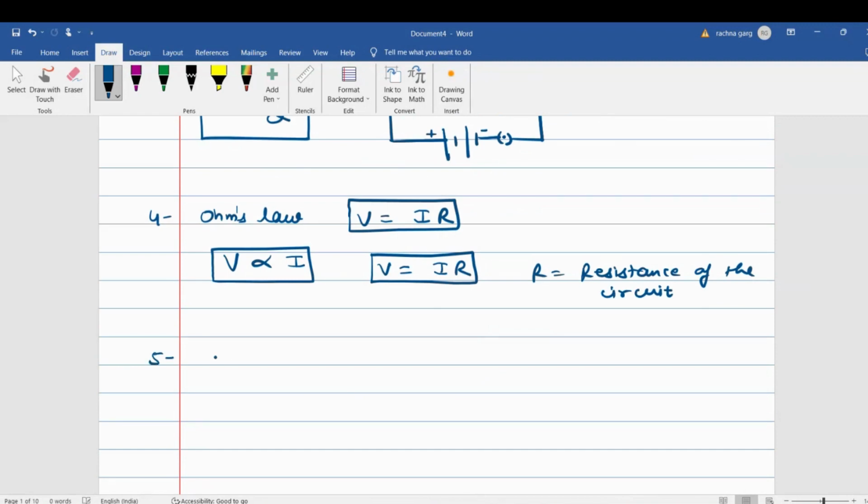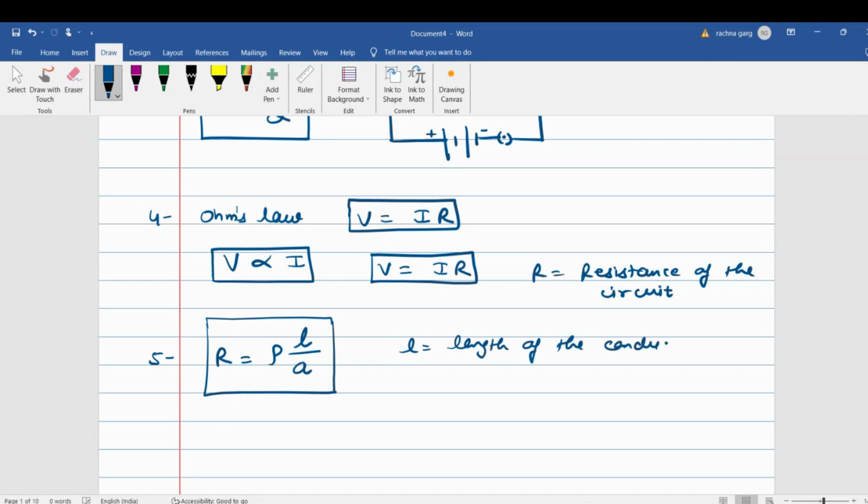The formula for R, next formula, rho L by A. Here, L is length of the conductor. A is area of cross section of the wire.